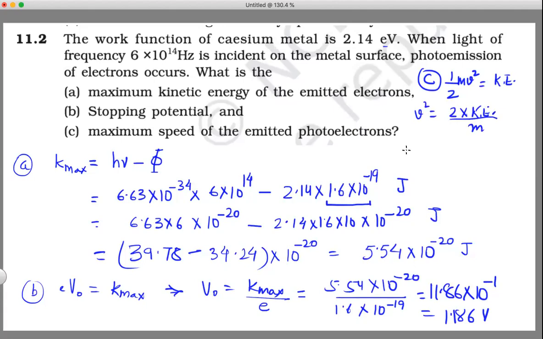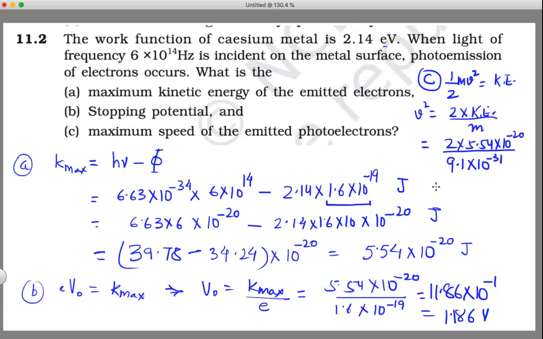m. Okay, so we will find v square, which is 2 into kinetic energy, which is 5.54 into 10 raised to the power minus 20 by m. M is the mass of the electron. It is an electron. The mass of the electron is 9.1 roughly into 10 raised to the power minus 31, right?